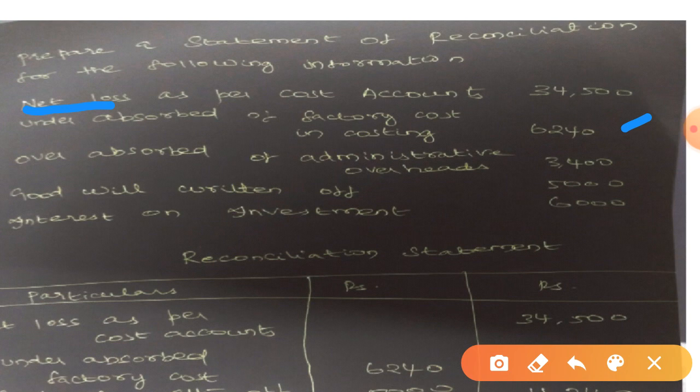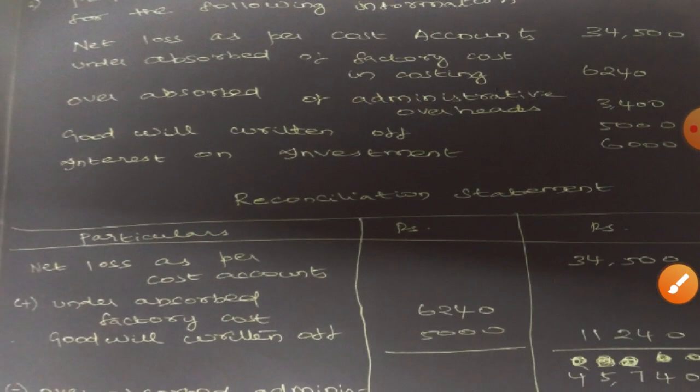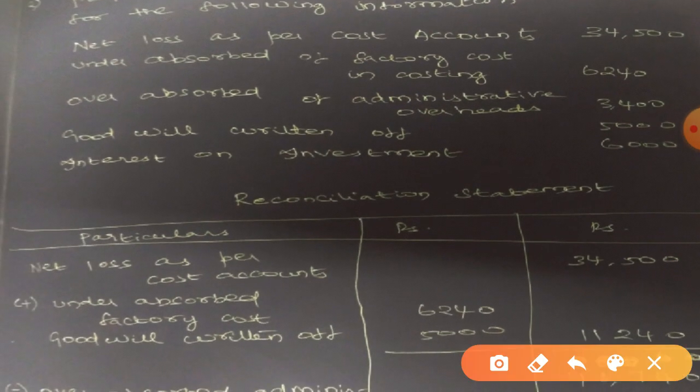But over here, since we have been given our net loss value, all our losses and all our expenses have to be added, and all our incomes and all our gains have to be deducted. So under absorbed is an expenditure or a loss, you can take it either way. That is why we are adding this up: under absorbed factory cost, which is 6,240.